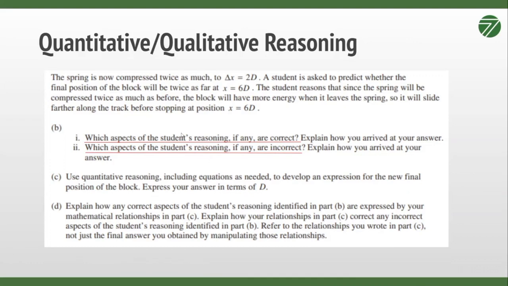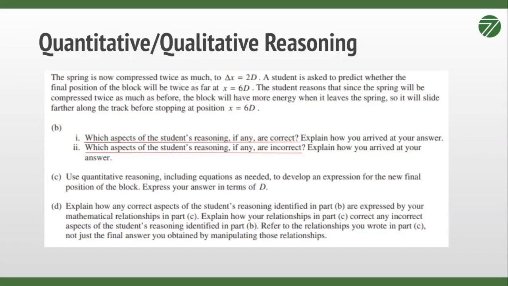Can you read through this paragraph and pick out things that are correct and incorrect? Not just to say, oh, the student is wrong, but to say, the student is correct in this, but I would disagree in this. In this problem, you have a block that compresses a spring, and the block is released, and it travels down a path that has friction on it.